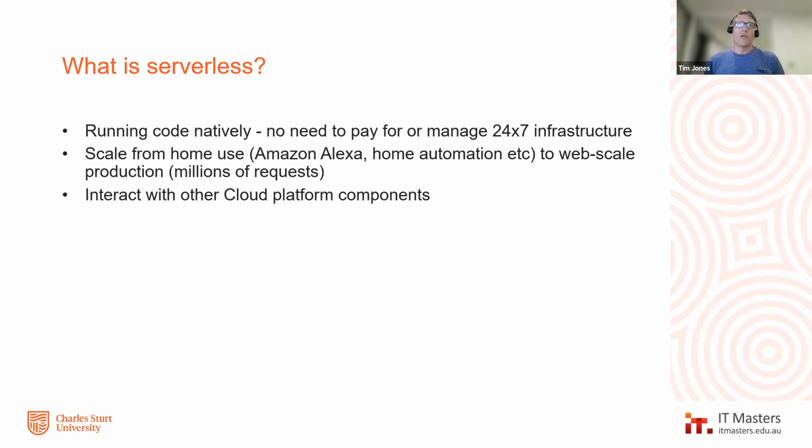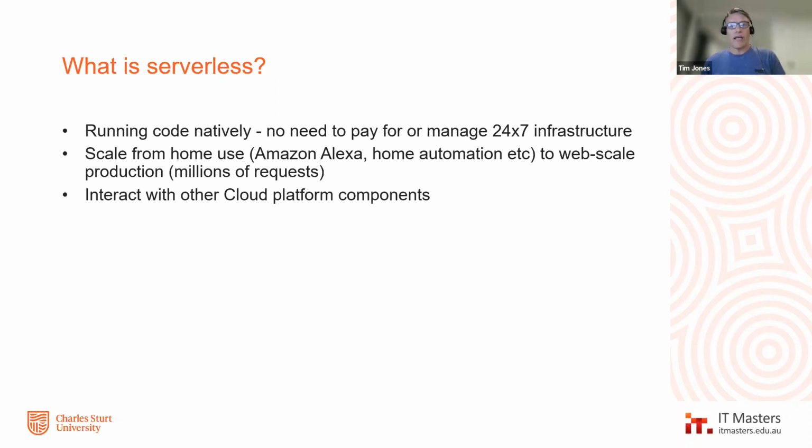Now, what that means is that we no longer need to actually run infrastructure 24/7. We can actually have our code sitting there waiting, connected to an API gateway, connected to an S3 page, connected to an event, a queue, or another component within the environment.